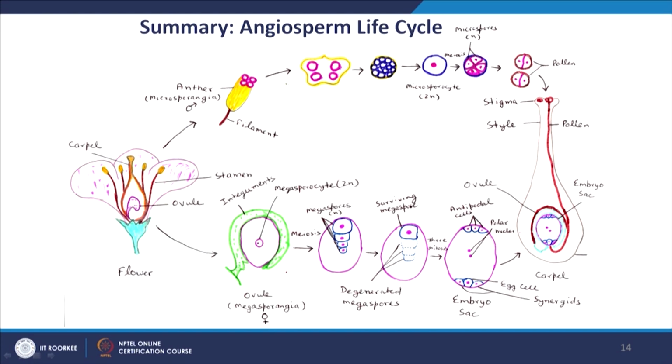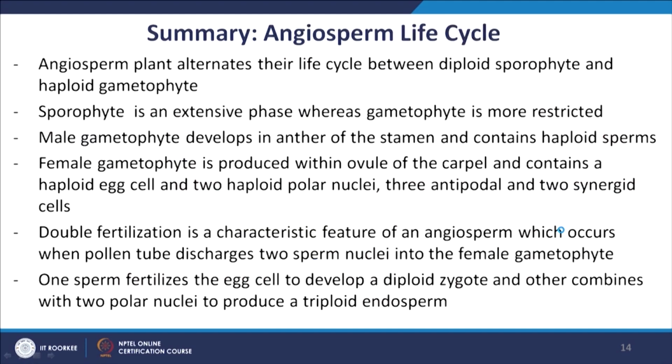Female reproductive organs generate the embryo sac which contains the egg cell and polar nuclei through the process of megasporogenesis, and then pollination and fertilization complete the double fertilization, and then these entire structures develop as seeds.